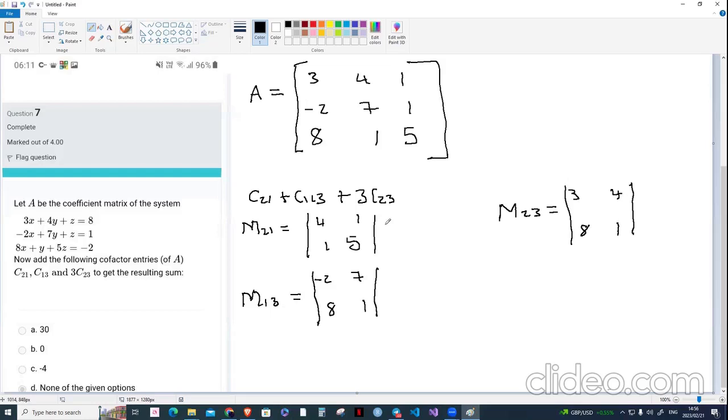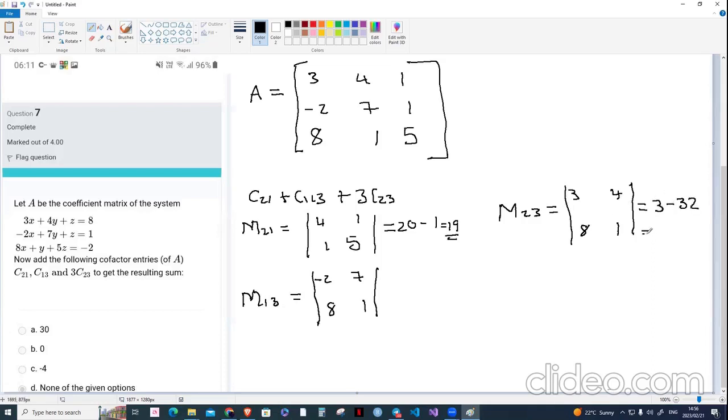And the answer for M21 will be 4 times 5 is 20, minus 1 times 1, which is 19. Then this one will be 3 times 1, which is 3, minus 4 times 8, which is 32.